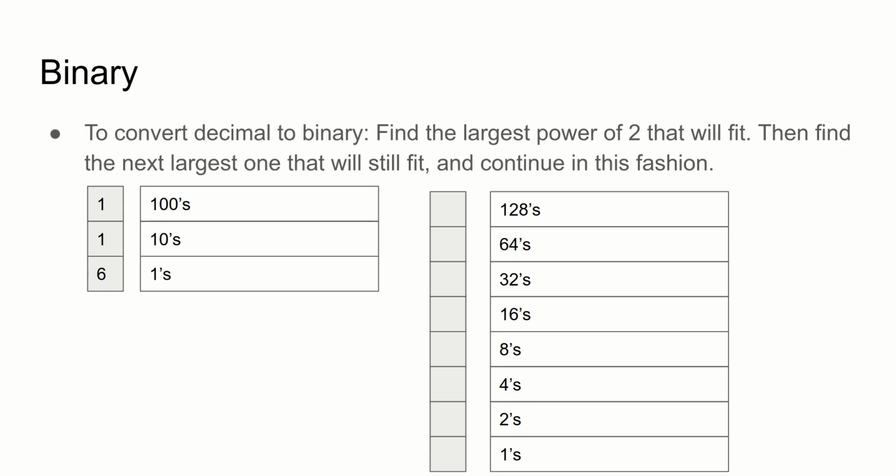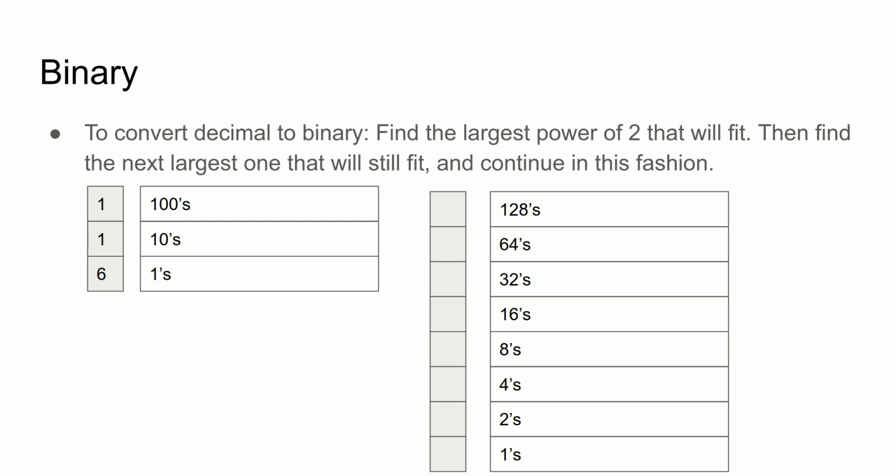Going the opposite direction from decimal to binary follows the opposite process. So where before we started with the ones and zeros and we labeled all of the place values, now we have to start with the labels for those place values, and we're going to figure out if it should be a 1 or a 0 at that location.